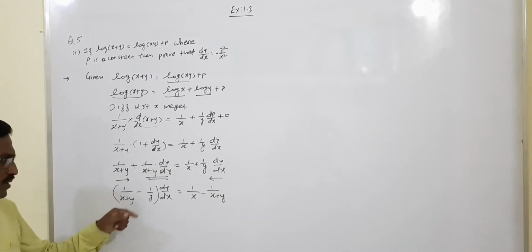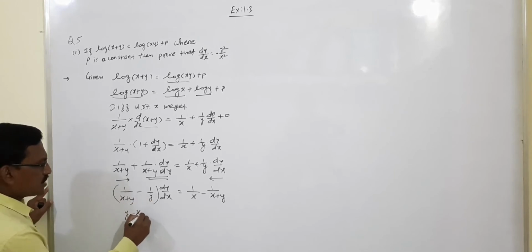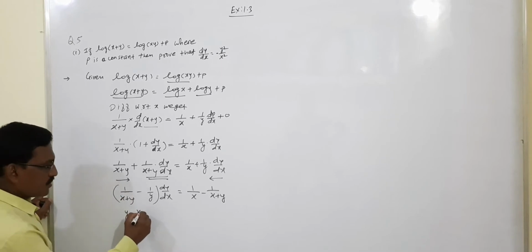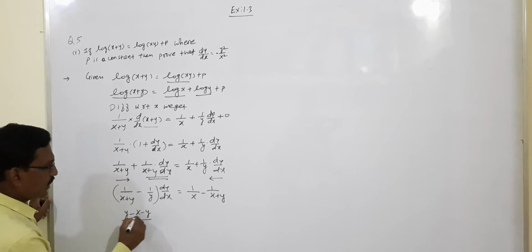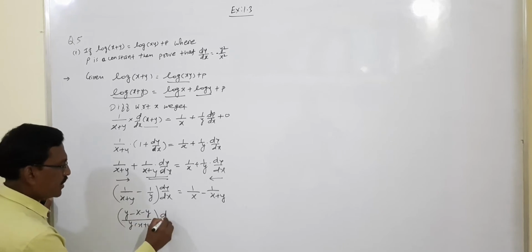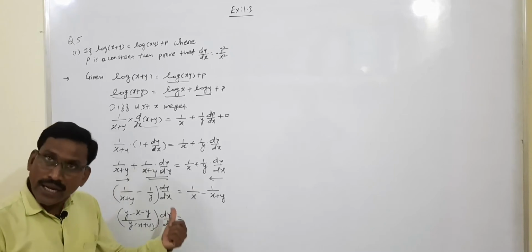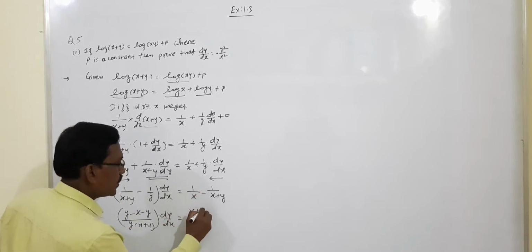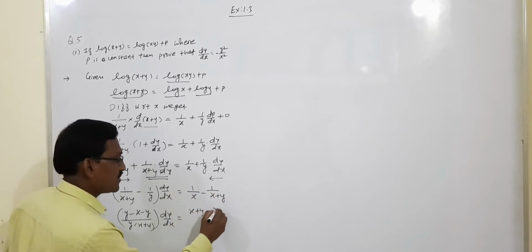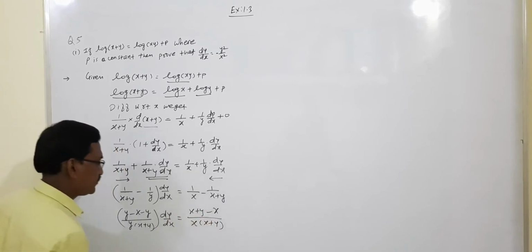We take cross multiplication and LCM, so y into 1 is y minus x plus y, so due to this minus it is minus y divided by y into x plus y, into dy by dx, is equal to, here also cross multiplication and LCM, x plus y into 1 is x plus y minus x into 1 is x, divided by x into x plus y.